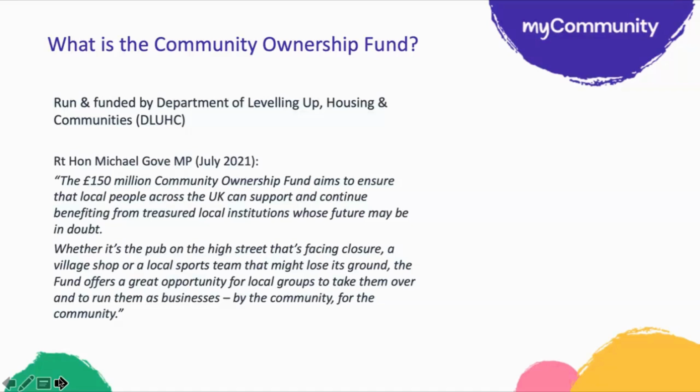In terms of types of legal structures who have benefited from COF grants, the biggest number are charities. And the vast majority of those charities are companies limited by guarantee, or some of those are CIOs, charitable incorporated organisations. The second largest group are community benefit societies. The third largest are community interest companies.